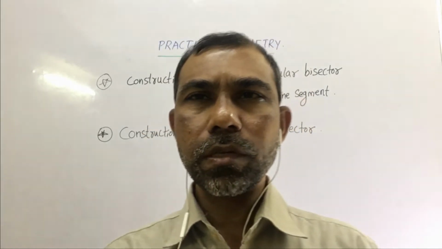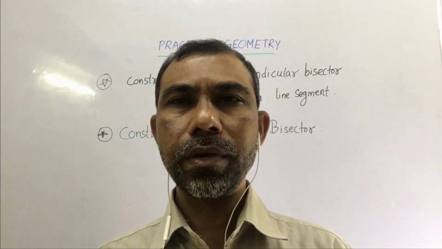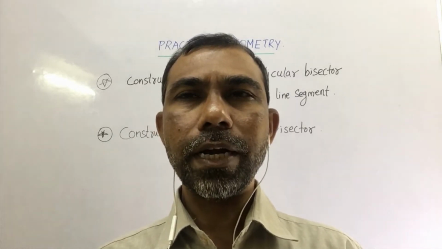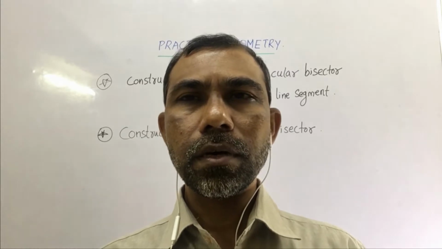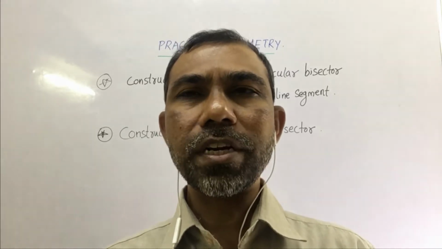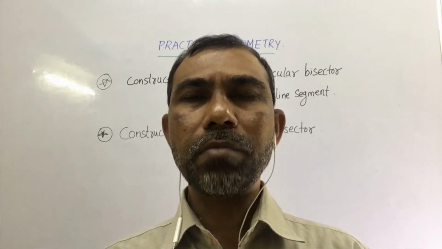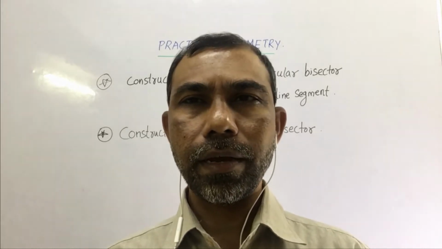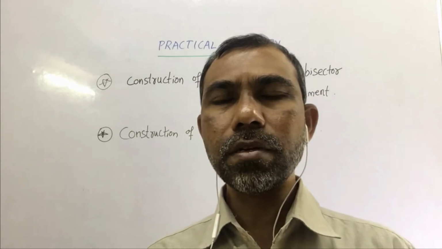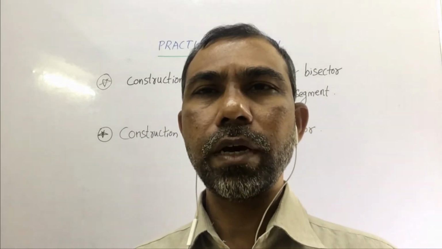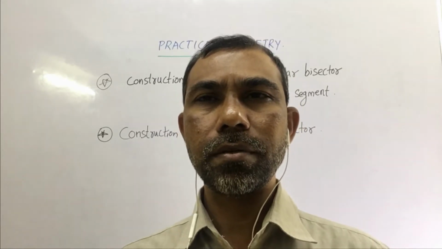Here, in today's practical geometry lesson, we learn how to construct a line segment and bisect it, and how to construct an angle and the angular bisector of a given angle. So, angular bisector and perpendicular bisector are the two things we are going to learn in this lesson.